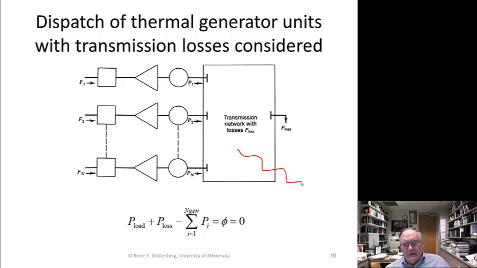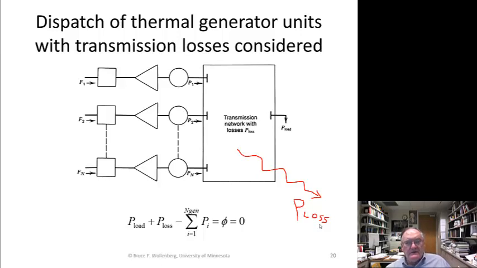And I'm going to draw a wavy line here. We heat the air with the lines, especially on a hot day when the load is heavy and there's no wind. We get losses.